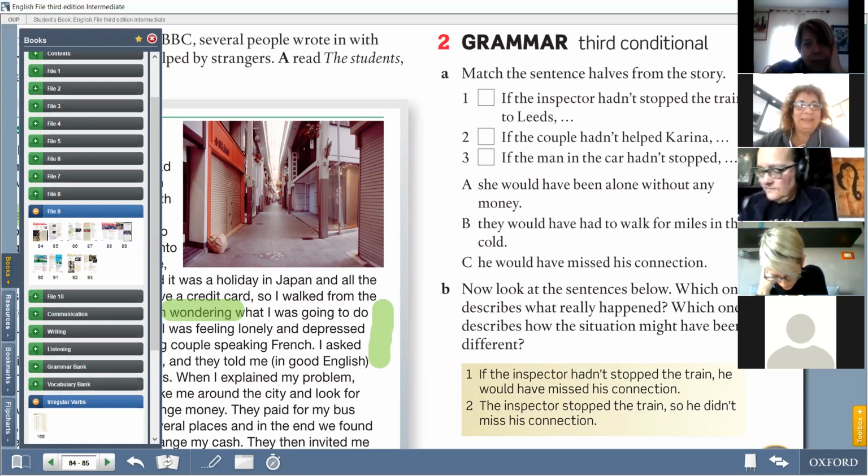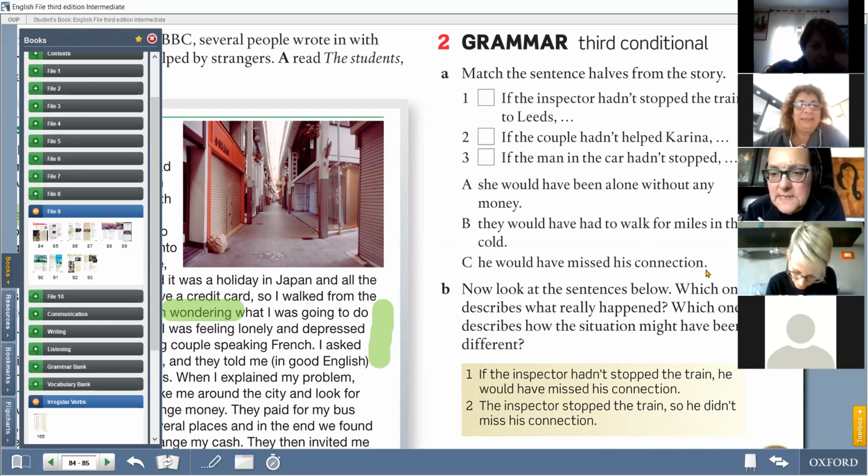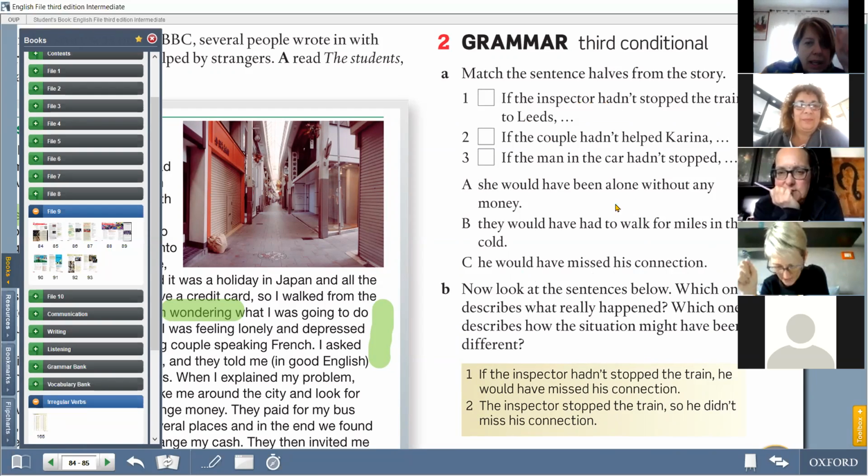Allora, if the inspector hadn't stopped the train to Leeds, he would have missed his connection. Vedete la forma? Past.